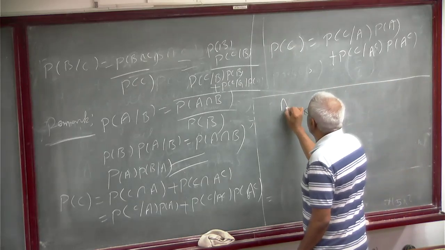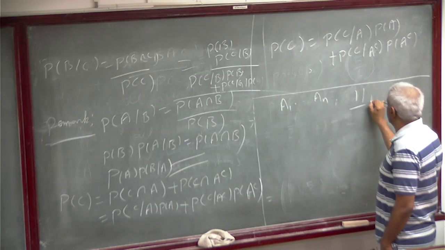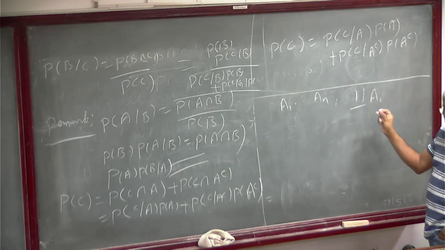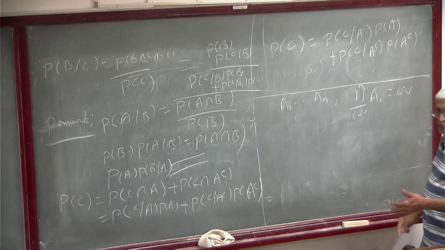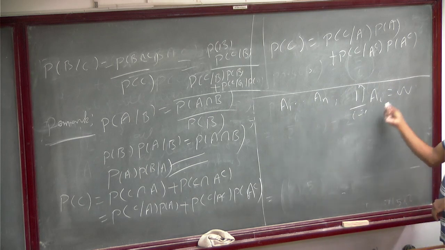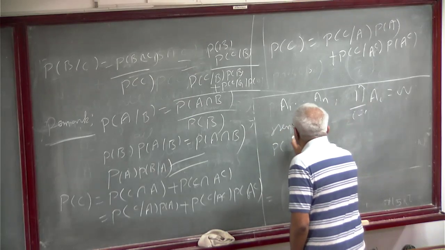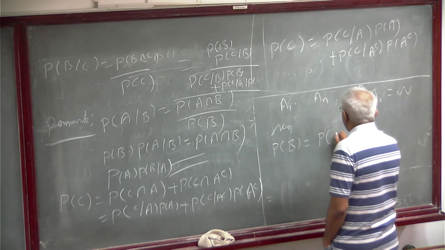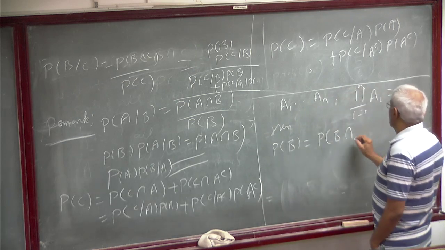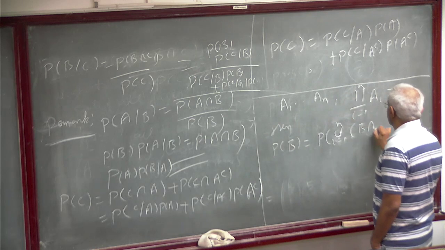Similarly, if we have A1 up to AN, such that the AI are mutually exclusive, exhaustive, pairwise disjoint, and their union, I equal to 1 to N, equals omega, then P of any set B equals P of the union over I equal to 1 to N of B intersection AI.